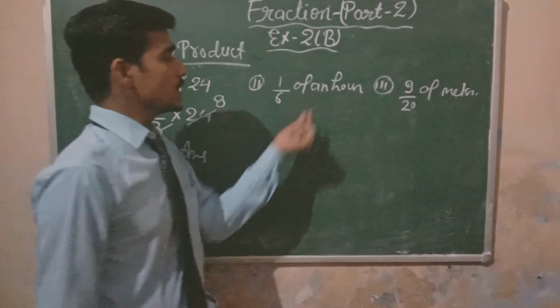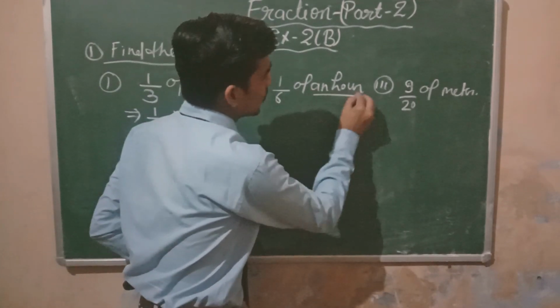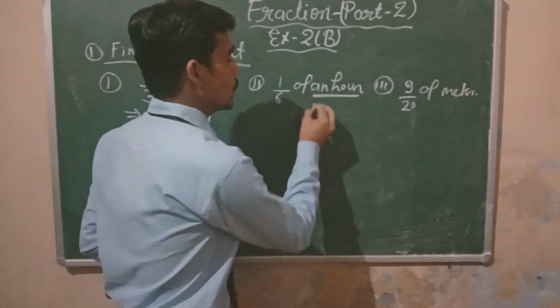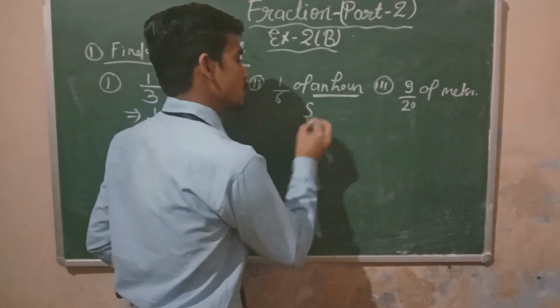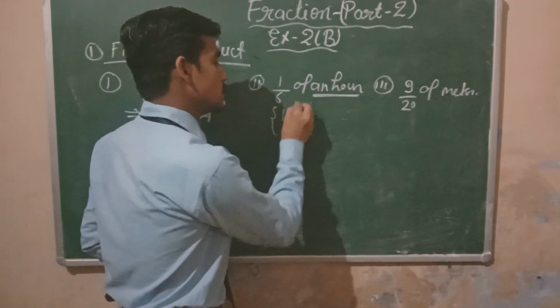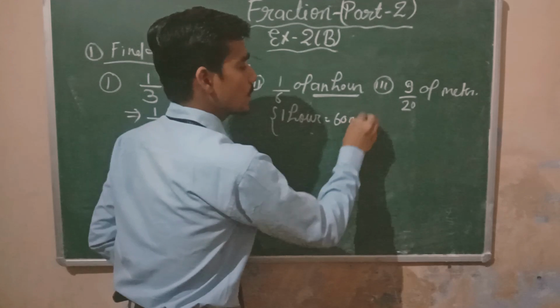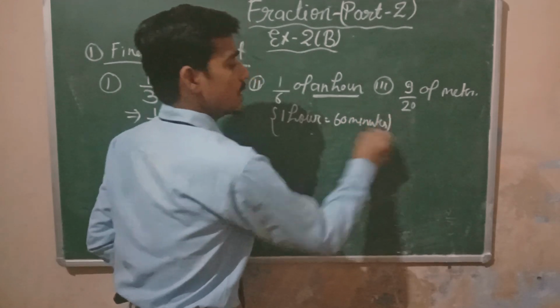Clear? And look at here, 1 by 6 of an hour. Student, we know that 1 hour is equal to 60 minutes. Clear?